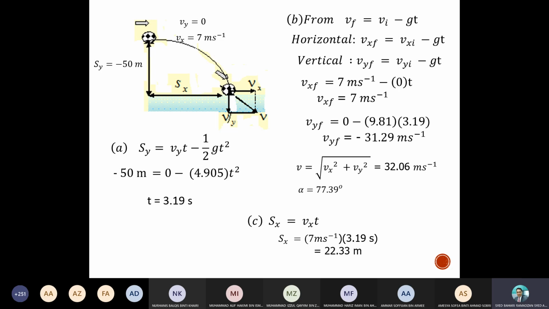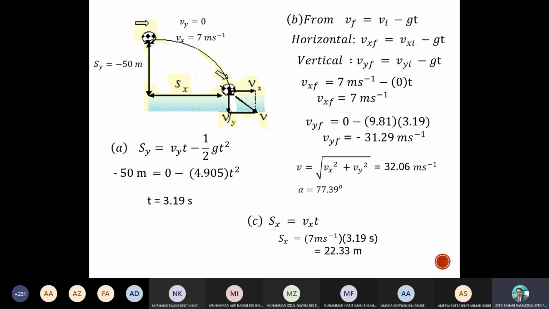But this is not the answer, because the answer needs your V final. So you need to combine this Vx final and Vy final, and when you combine, we have 32.06 meters per second. And because it's a vector, you need to calculate the direction. The direction in this case is the angle. So you have inverse tan of V final Y over V final X, and then you have this angle.